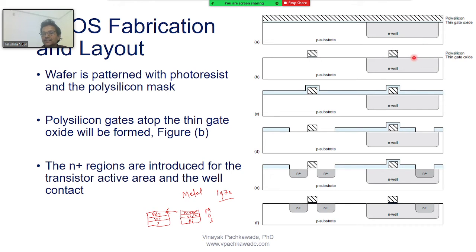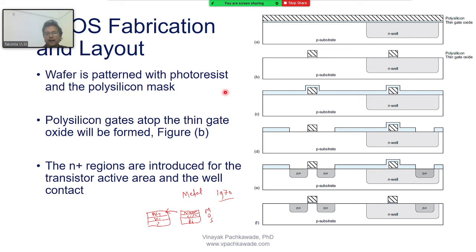So the mask protected those areas from the UV light, and therefore in the other areas where the light passed through, the photoresist got softened away, and then we etched the polysilicon and the silicon dioxide from those areas. Which were those areas? Here, this one, where we don't see polysilicon, right here. Did you understand this step?